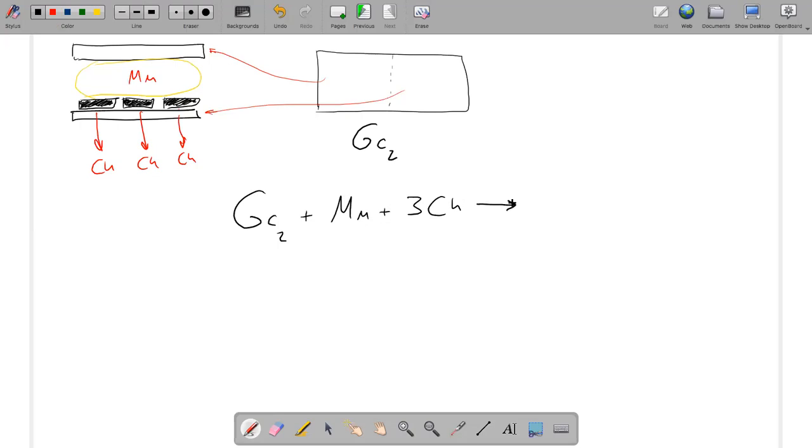All together, that makes GC2, marshmallow, and then chocolate with a three underneath it. Because although you have three individual pieces of chocolate, when it goes together as an individual s'more, there's only one of them, and the ingredients are two graham cracker pieces, a marshmallow, and three pieces of chocolate.